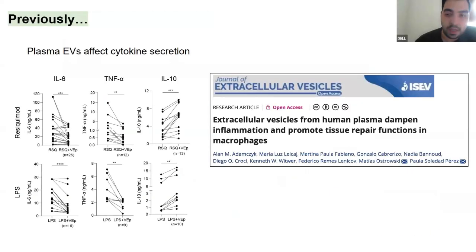So we previously showed that EVs attenuate macrophage inflammatory responses.